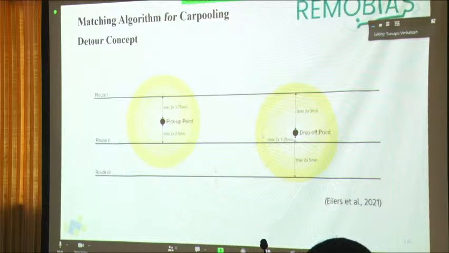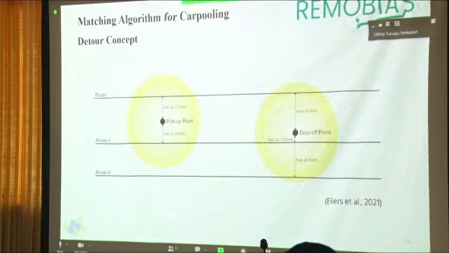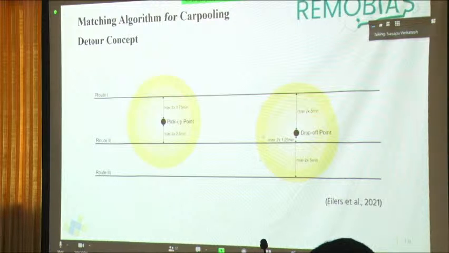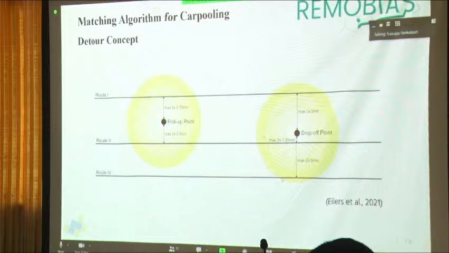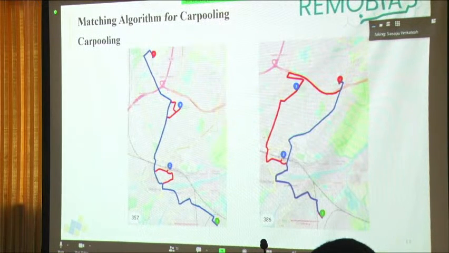For that reason, we wanted to modify this system into a carpooling system along with a public transportation system, because this limit is limited for the carpooling system. In another slide I can show you the route from both in picture 357.